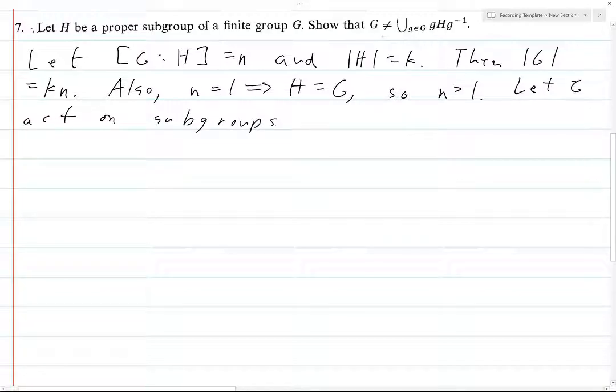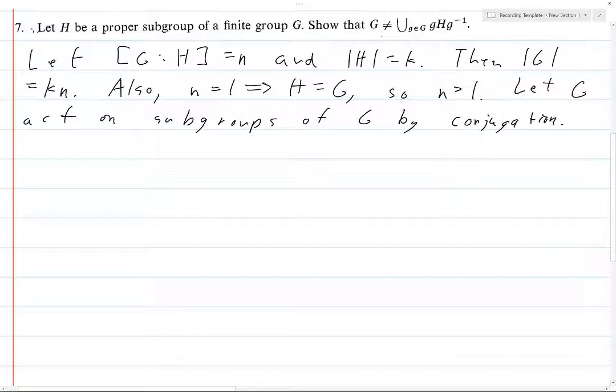subgroups of G by conjugation. And you should prove that this is actually a group action, but it's kind of obvious.